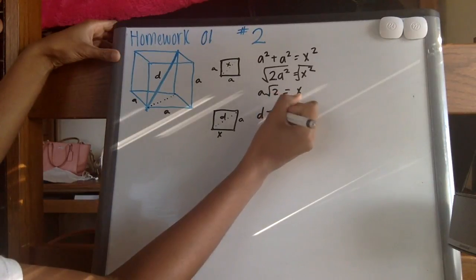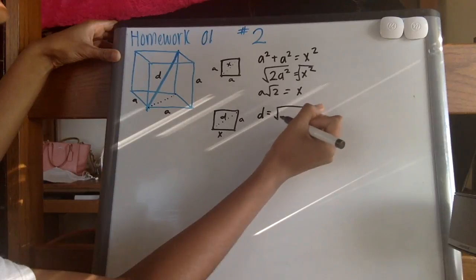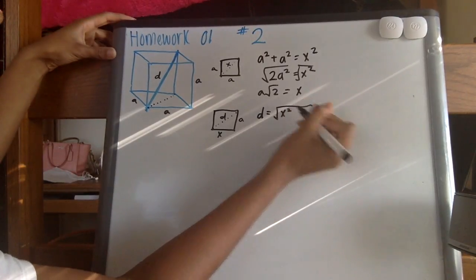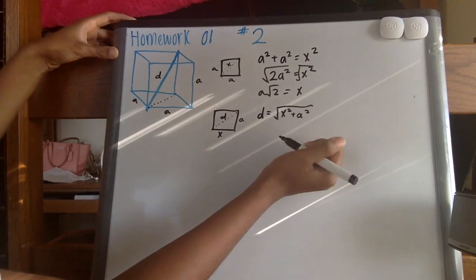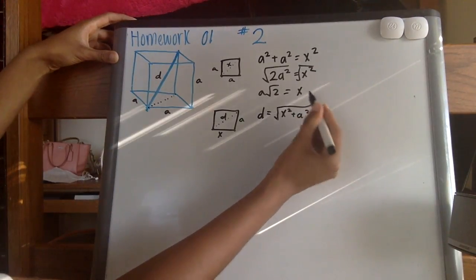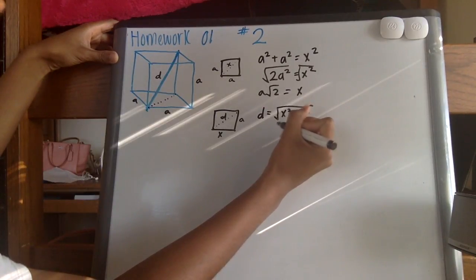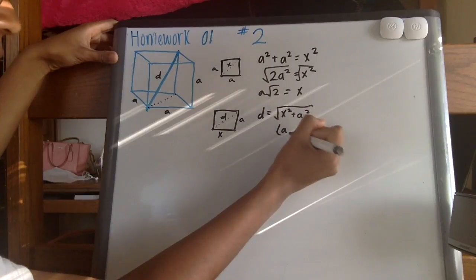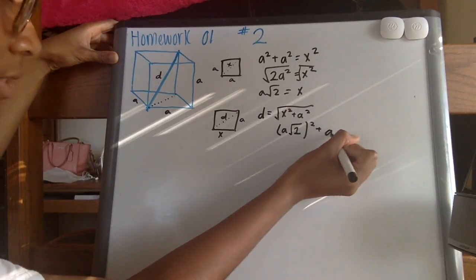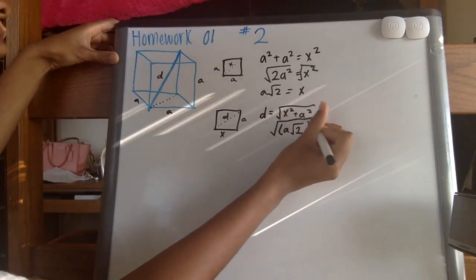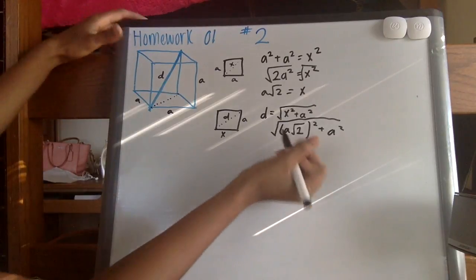So d equals the square root of x squared plus a squared, also using the Pythagorean theorem, and we found out what x is. If we substitute that in, that's the square root of (a root 2) squared plus a squared, and set that equal to d.